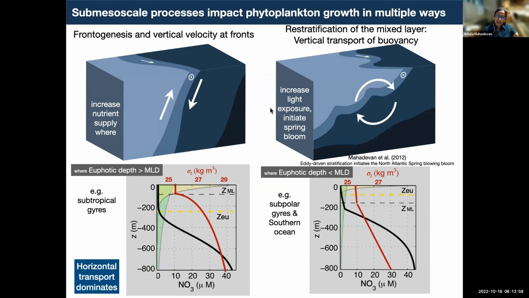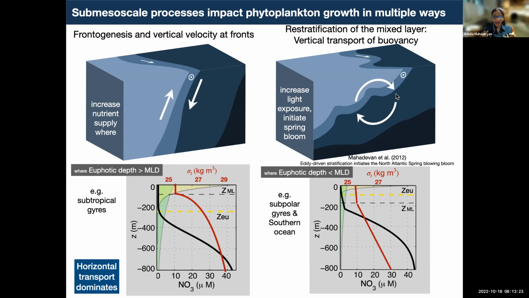Okay, so submesoscale processes, I'm going to say they impact phytoplankton growth in multiple ways. The vertical motions at fronts are really enhanced. And so you might have a front like this, and you enhance the vertical supply of nutrient at the front. But you can also get a vertical motion, which is a reorganization of buoyancy, which leads to the re-stratification of fronts in the mixed layer.